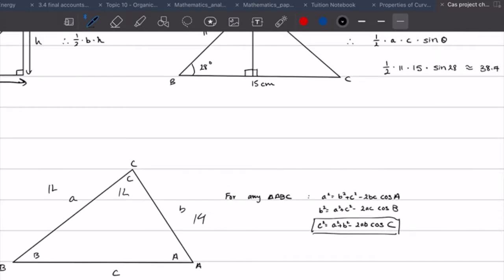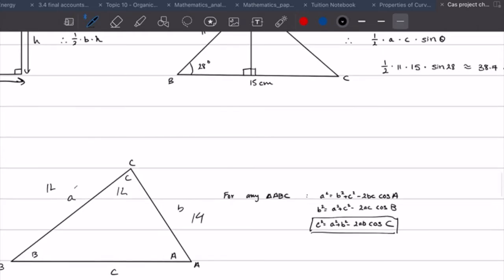So to find C, the cosine law states that C squared would be equal to A squared, 12 squared, plus 14 squared, minus 2 times 12 times 14, because it's 2AB, times cosine of the angle, which is 12. And that would give us the side C.